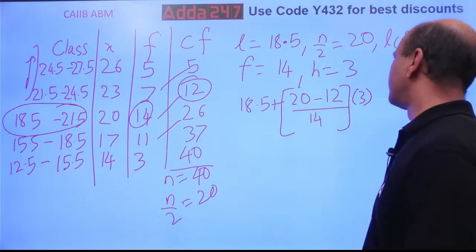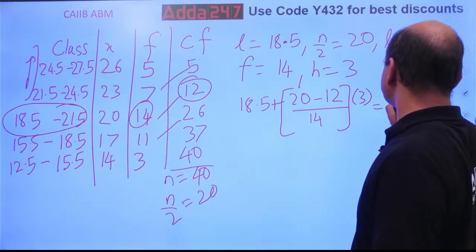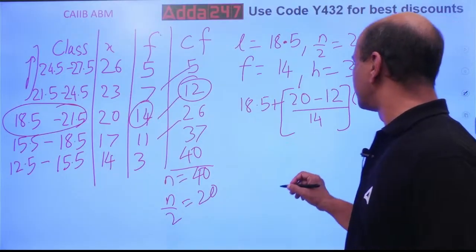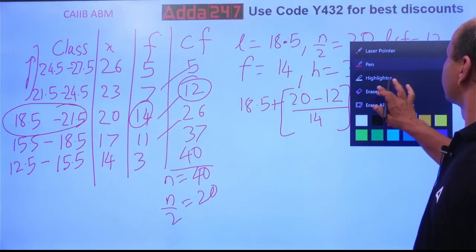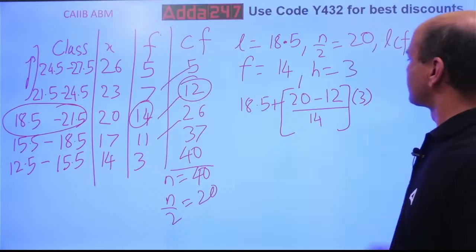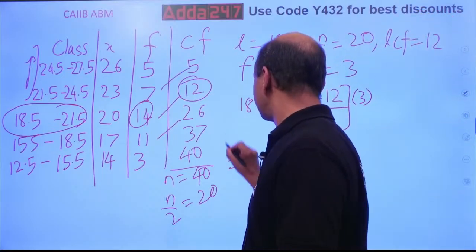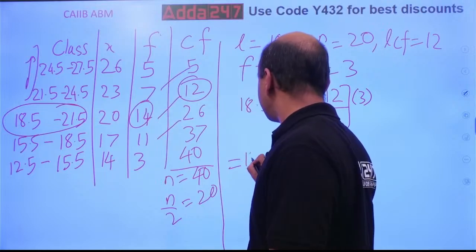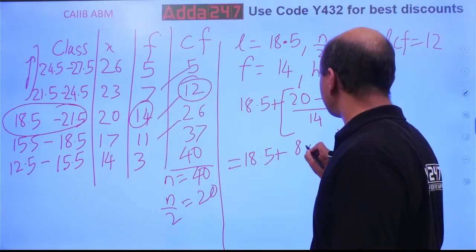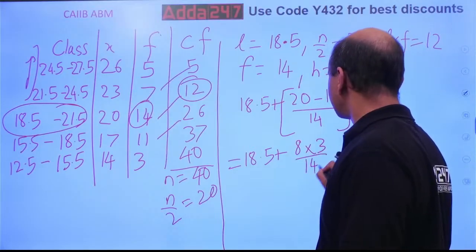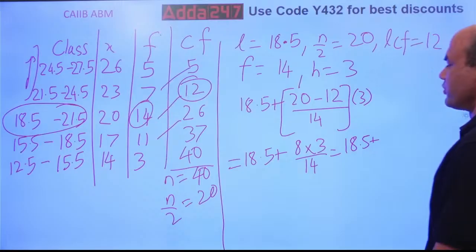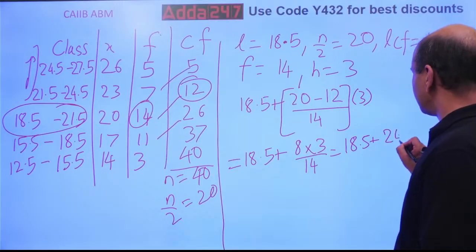So 18.5 plus, 20 minus 12 is 8. 8 into 3 upon 14. 8 threes are 24. 24 upon 14.